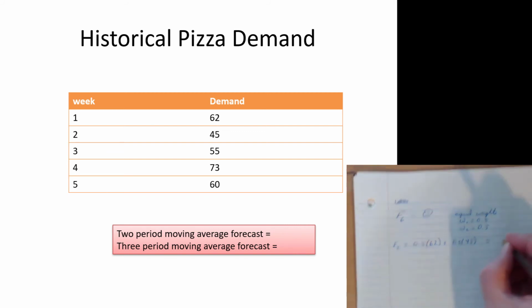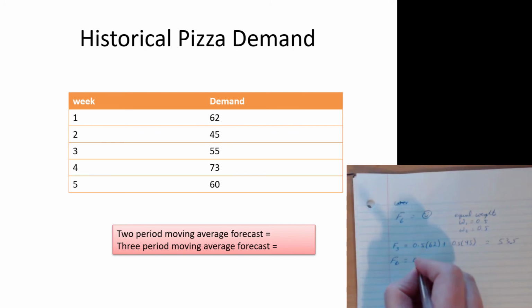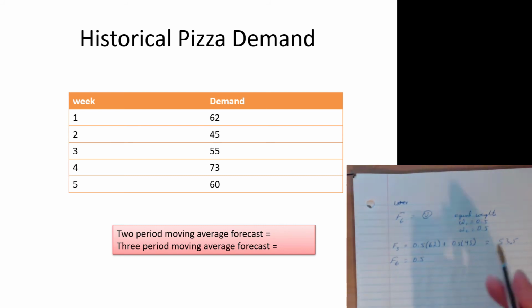And we get 53.5. Okay. So there's our warm-up. A little limbered up now. We don't really care about the forecast for period 3. We care about the forecast for period 6. And so what is that forecast for period 6? Well, 0.5 is the weight. Notice how I kept it in time. I did the time period that happens first, then the time period that happens second. We can keep that process, okay?